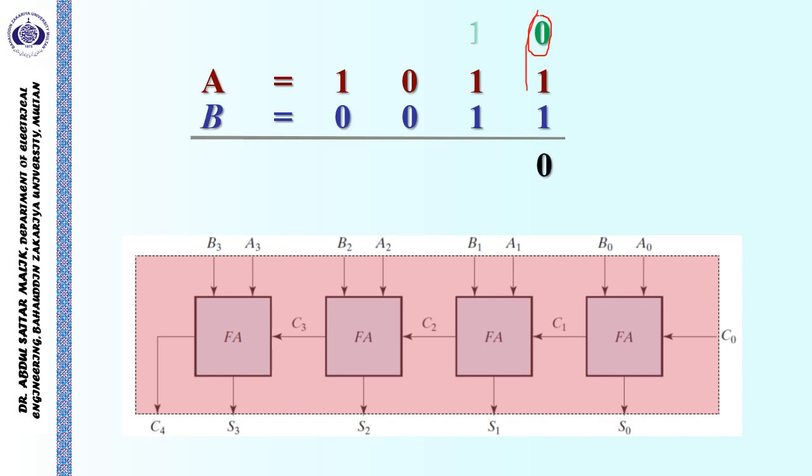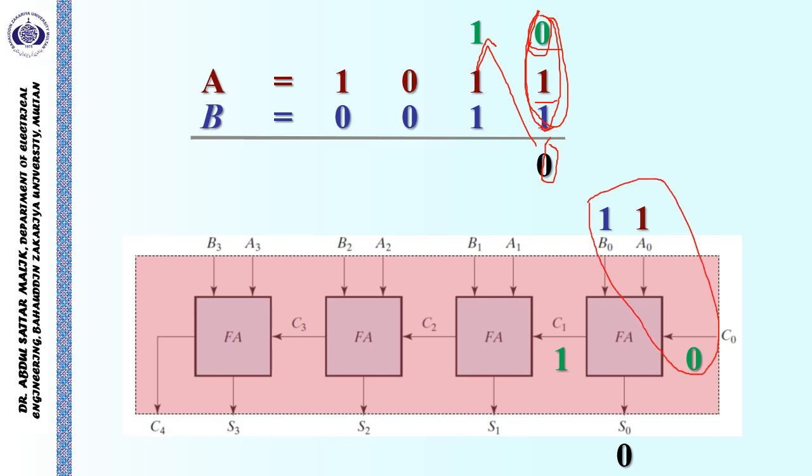You apply these 3 bits, the least significant bit of A, the least significant bit of B, and the first carry 0, to the first full adder, and it gives us the sum 0 and a carry 1.